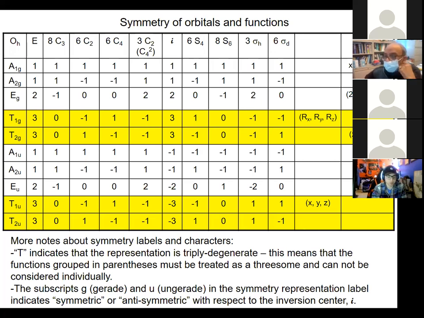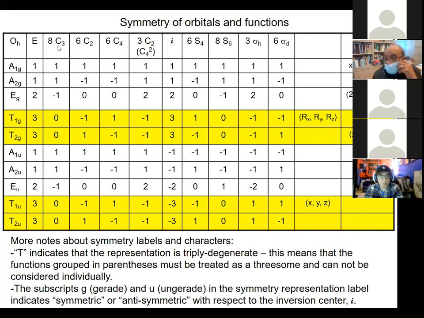OH means octahedral. Octahedra is one of the most symmetric objects that we know. It's one of those platonic solids, if you heard of the word. The cubes and the octahedrons are some of the most symmetric ones that are seen in nature. So what they have is they have identity. All of them will have identity.